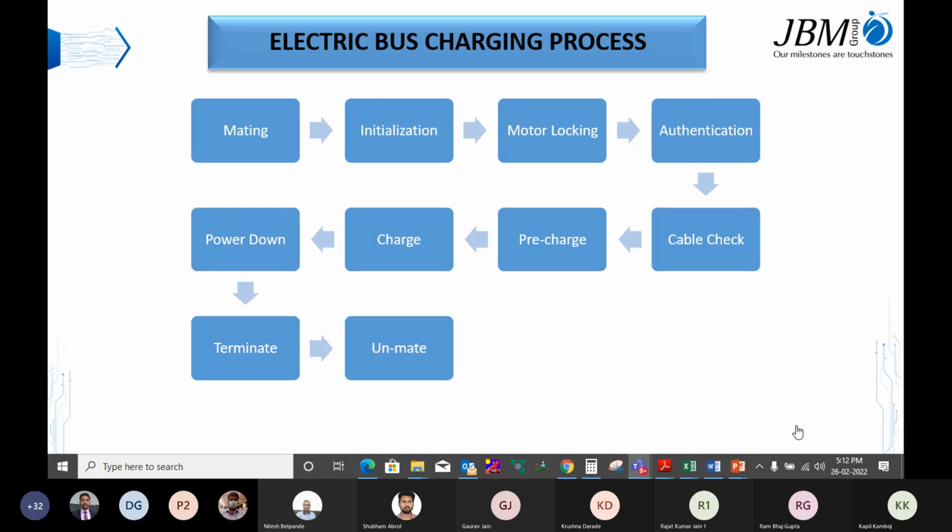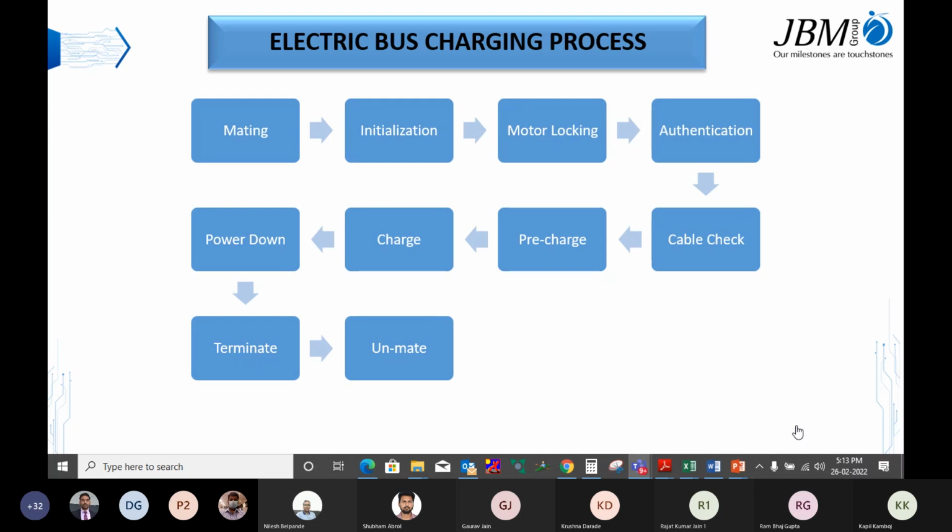In charging state, the charger will increase the current up to the required current till the vehicle is charged full. Or if we stop the charging locally, or if there is an error, the charger will decrease the current and the voltage of the charger, and then it will go to a terminate state.